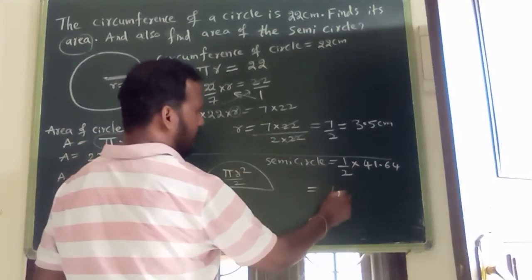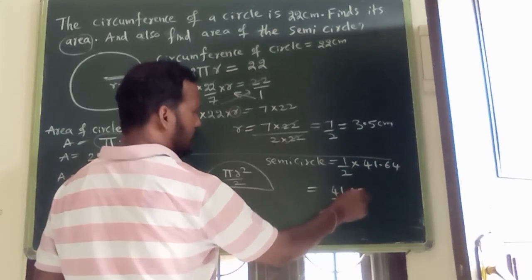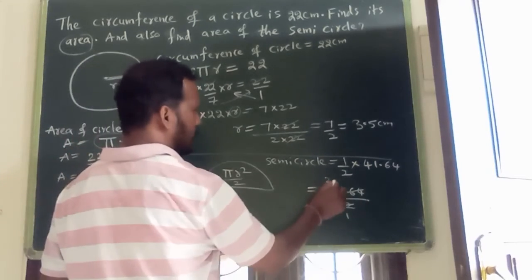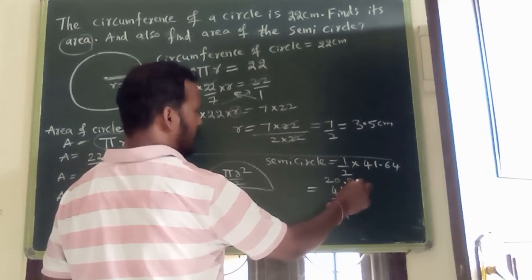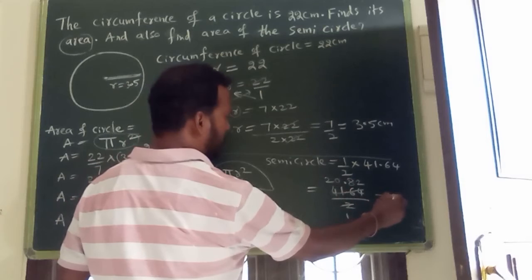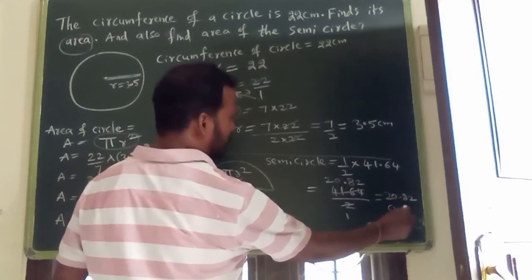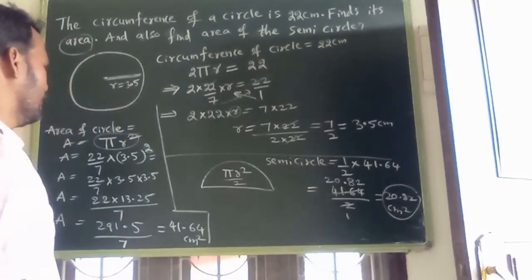We can divide 41.64 by 2, which is 20.82. 20.82 centimeter square is the area of the semicircle.